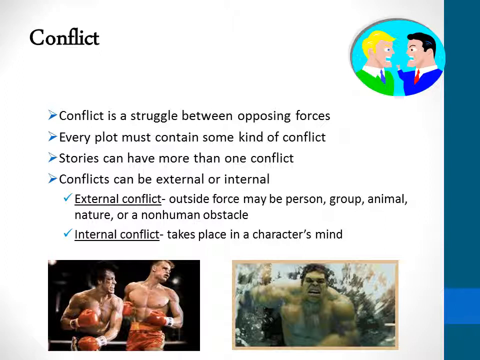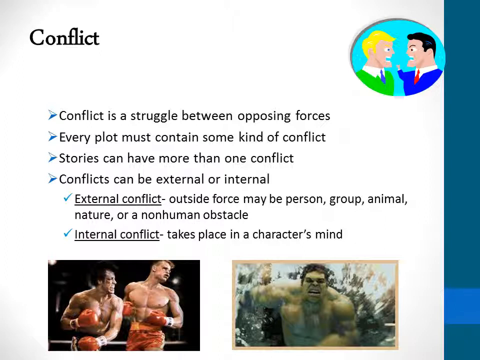Stories can have more than one conflict, and the conflicts can be external or internal. External conflict can be an outside force, can be a person, a group, animal, nature, or a non-human obstacle. An internal conflict takes place in a character's mind. So if you look at the pictures that I have at the bottom of this slide, we have Rocky fighting Ivan Drago from, I think, Rocky 4 or 3, one of those Rockies.